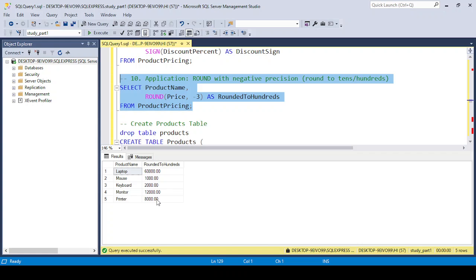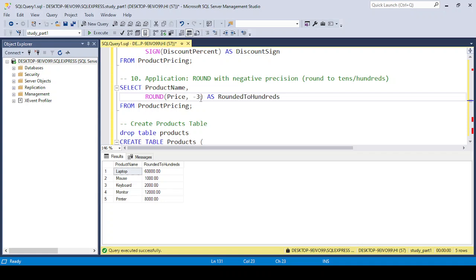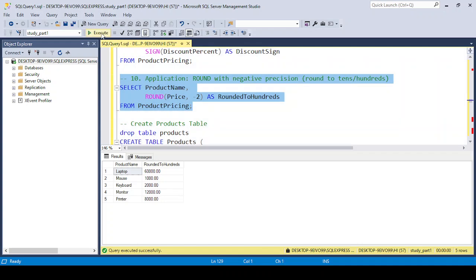I think 500 goes to the previous limit itself. This and this have moved to the next value, whereas this has moved to the previous value.